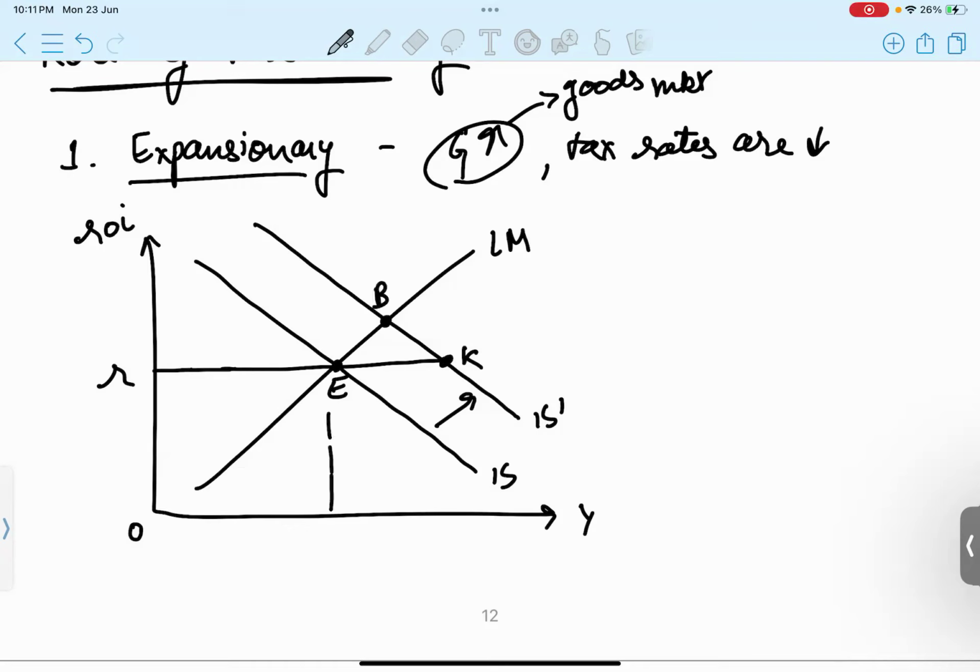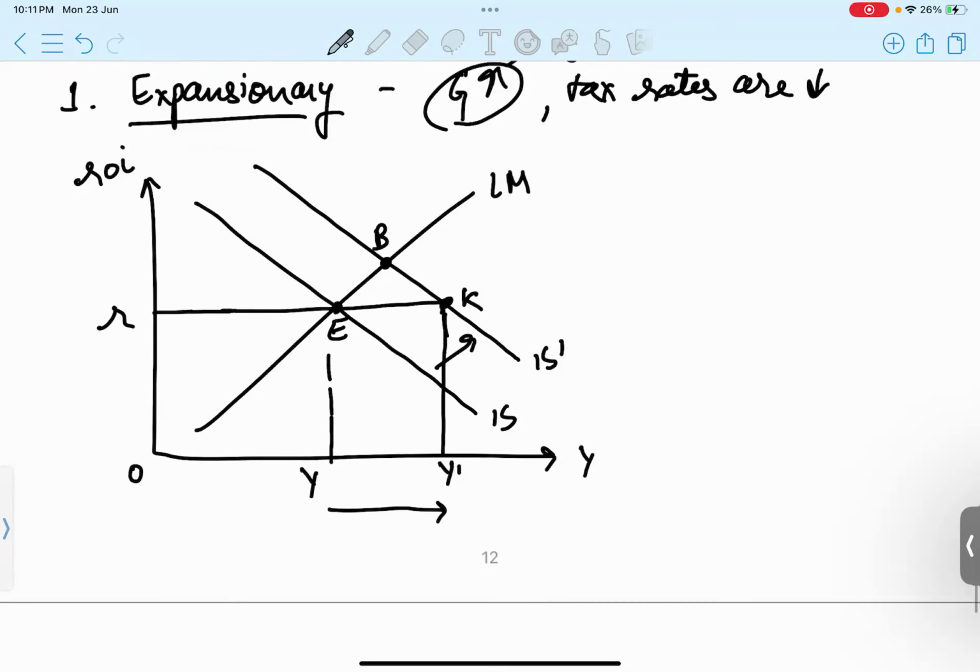If the rate of interest had been completely inelastic, this should have been the scale or size of the increase in GDP. But in actual sense, we see that because of the government expenditure increase, the GDP is increasing by only this much.